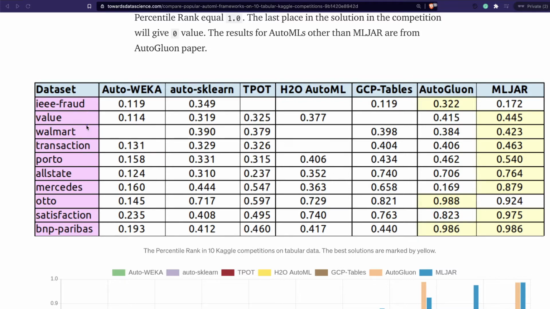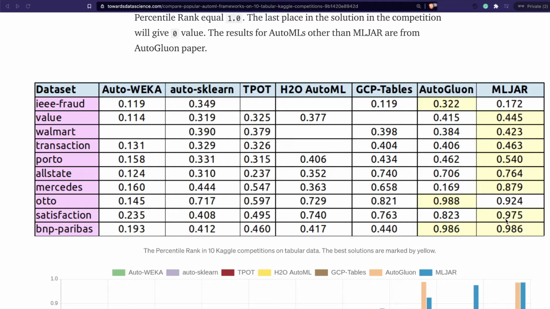So we have 10 competitions and 7 AutoML packages, and if you look, MLJAR has been a consistent performer in a lot of these competitions, which is a good thing. Especially for the competitions at the bottom here, you can see the AutoML solution has got more than the 90th percentile. What does it mean?